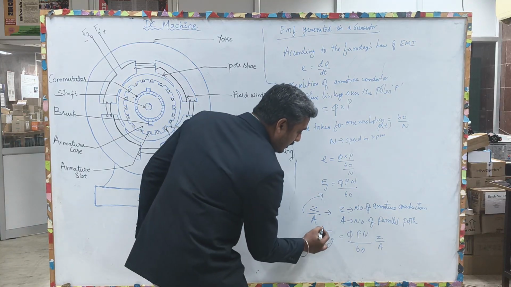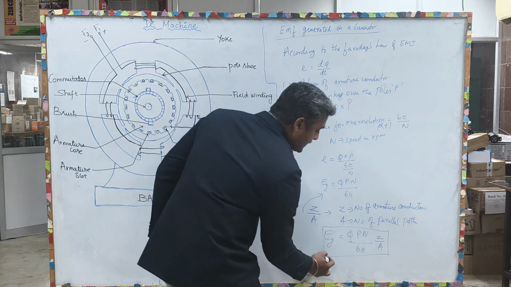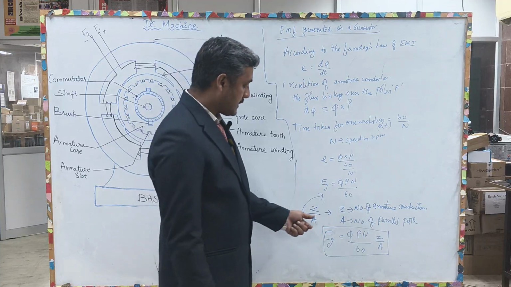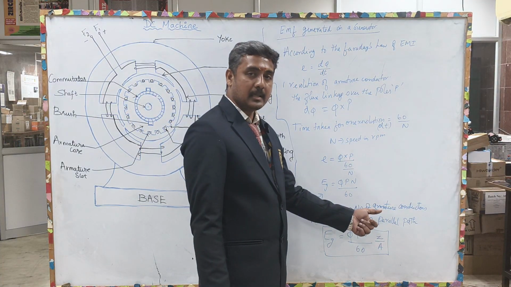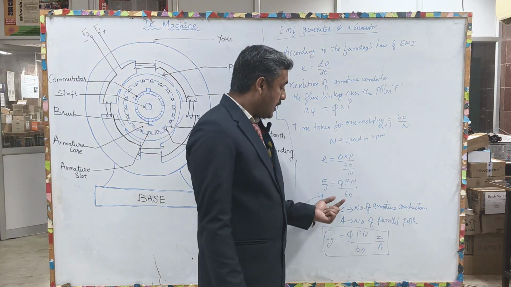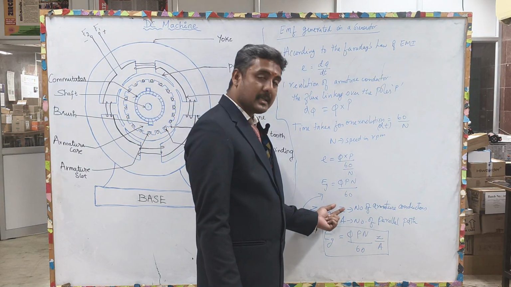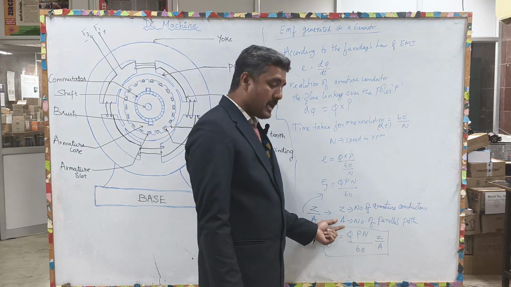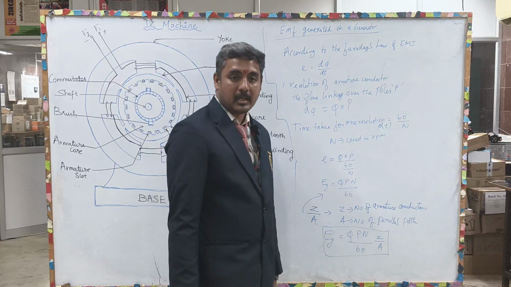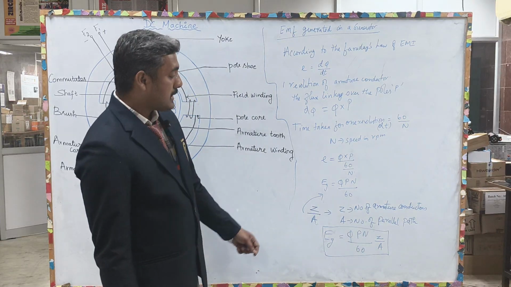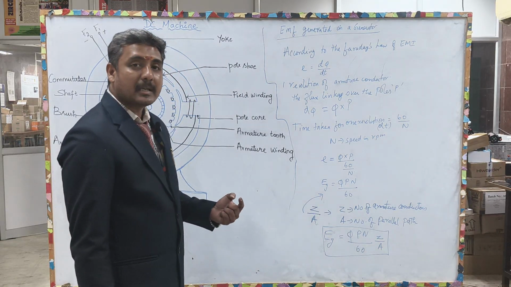Now, here I have mentioned two things. One is Z as the number of armature conductors, that is how many armature conductors are present in the machine, and A is the number of parallel paths. How the parallel paths are produced is by the placement of armature conductors.